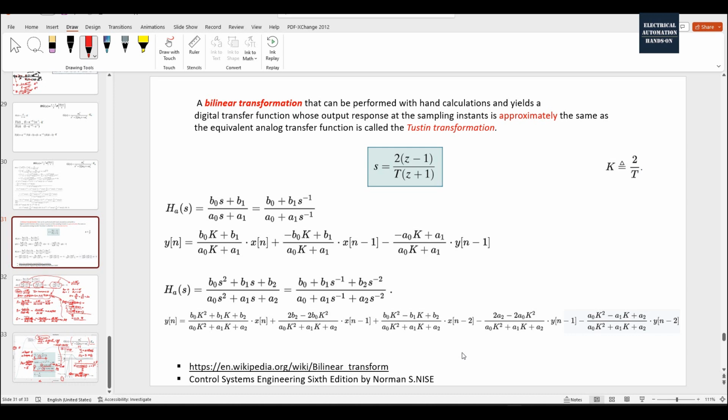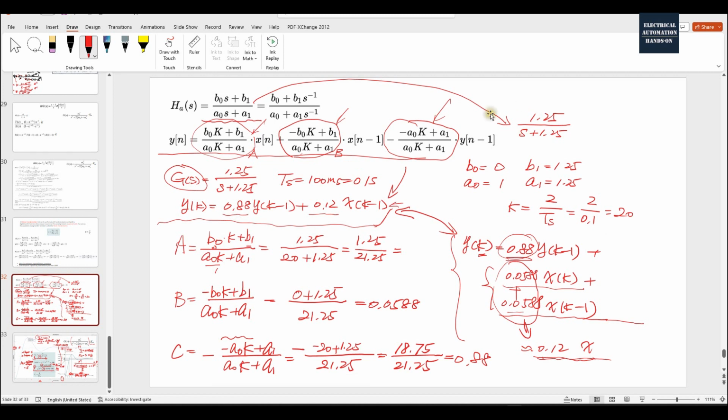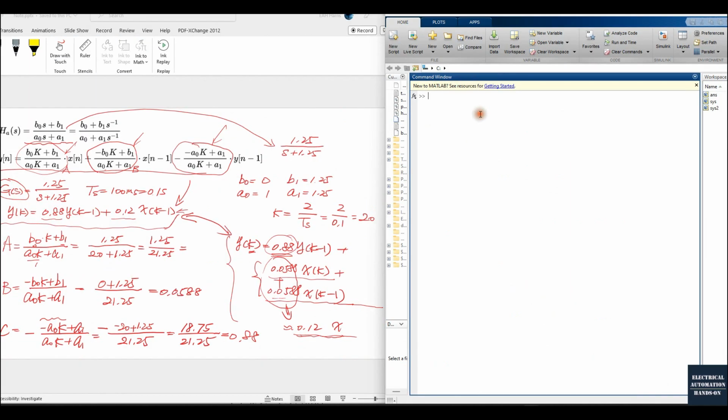Then let me demonstrate. Firstly, I will still use this example. If we have one S domain first order transfer function, let's see if MATLAB can convert it to this equation. Okay, so let's go there. MATLAB is here. Firstly, let's create the first order transfer function with tf, and the denominator equal to 1.25.